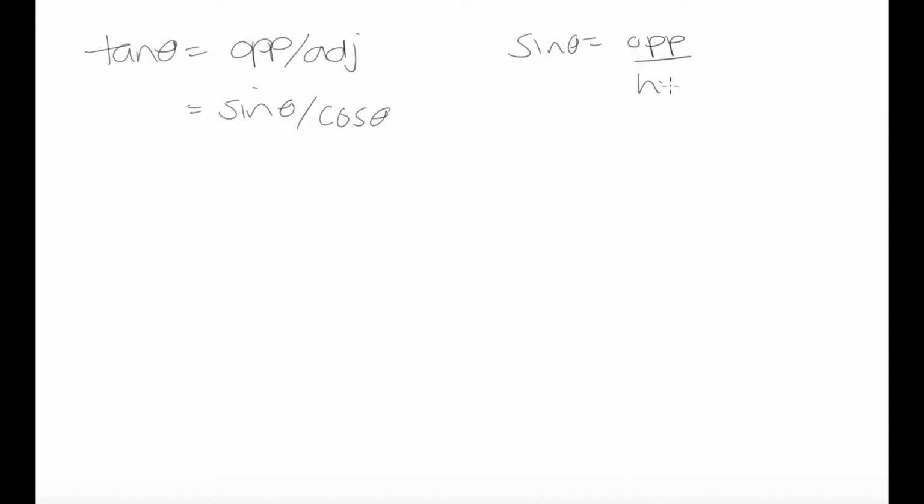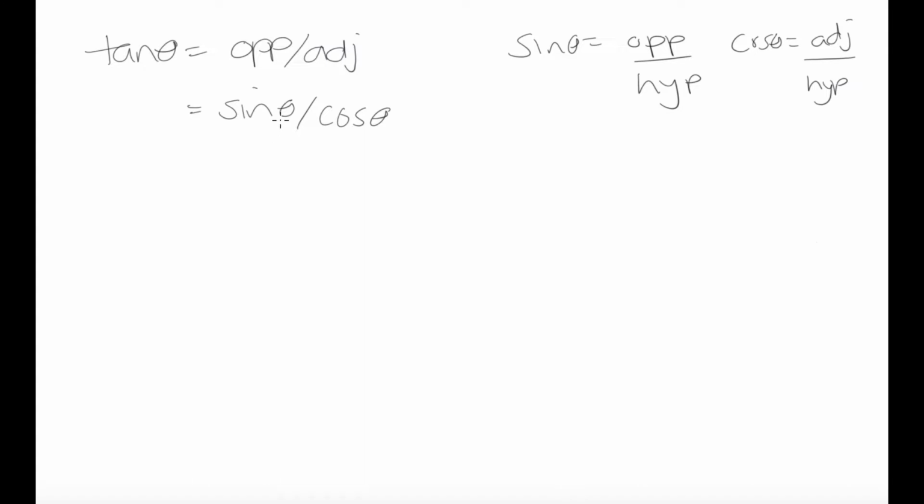So tan theta, as we know, is the opposite side over the adjacent side. And it turns out that this is the same thing as tan theta equals sine theta over cosine theta. And let me just prove that here for a second. So we know that sine theta is equal to the opposite side over the hypotenuse, and we know that cos theta is equal to the adjacent side over the hypotenuse.